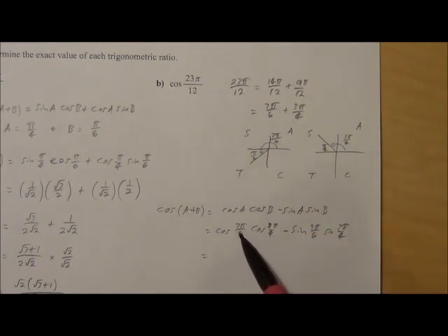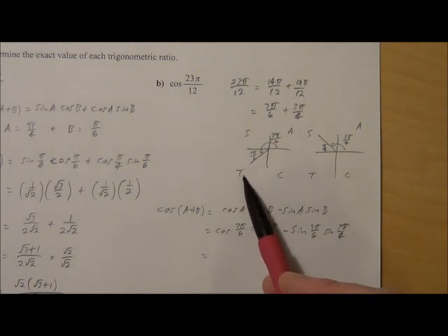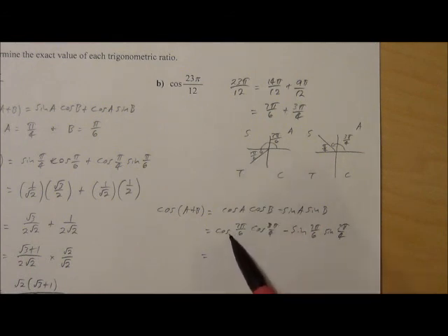And cos of 7 pi by 6 is the same as cos of pi by 6 with the added negative, because the terminal arm is in the quadrant where only tan is positive, therefore cos is negative. So that would be negative root 3 over 2.